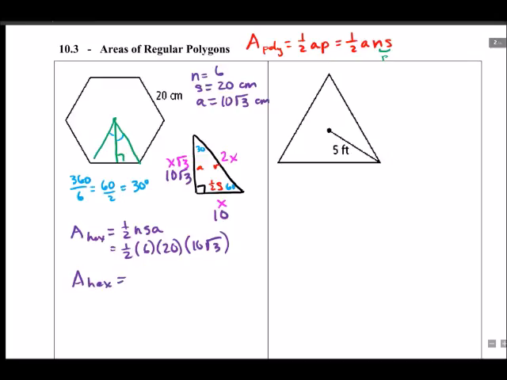So the area of our hexagon is 600 square root 3 centimeters squared. If we wanted that in decimal form, we just throw it into our calculator and get 1039.2 centimeters squared.